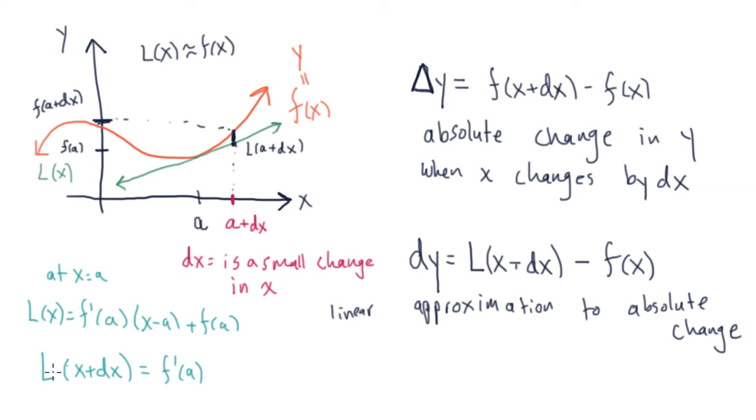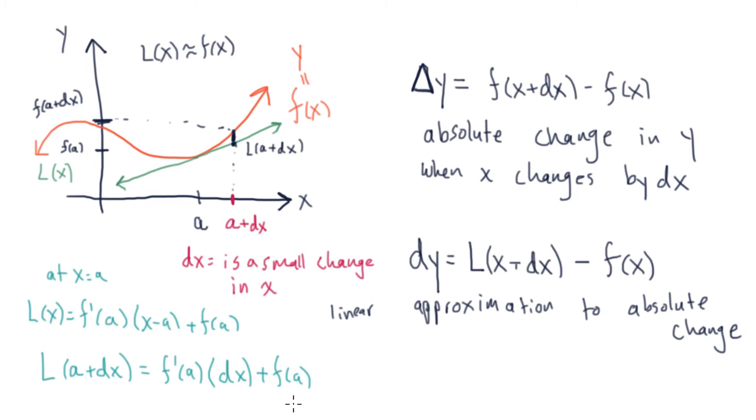Now, if I evaluate the linearization near a, maybe this is a little bit confusing, but if I look at a plus dx specifically, then what I have is x minus a, so a plus dx minus a is just dx, and then plus f of a. Okay?